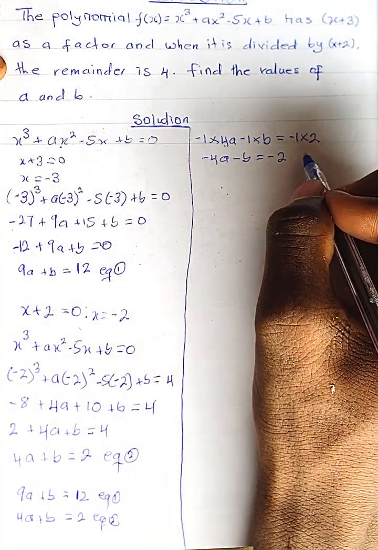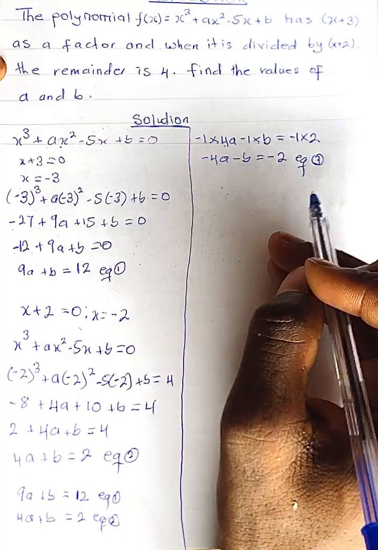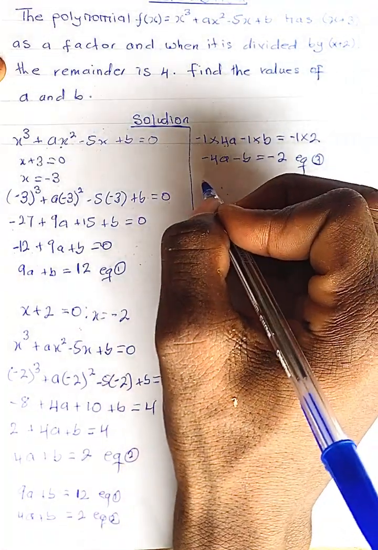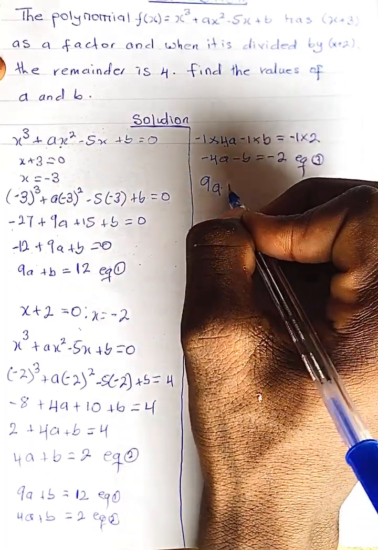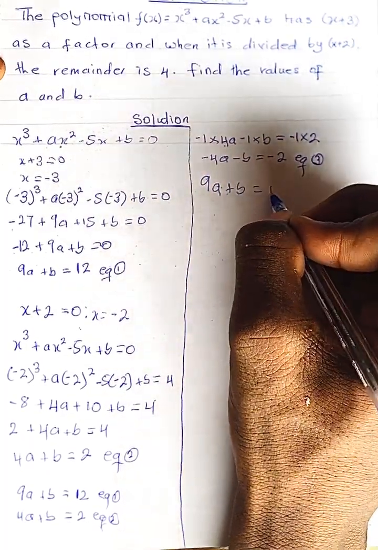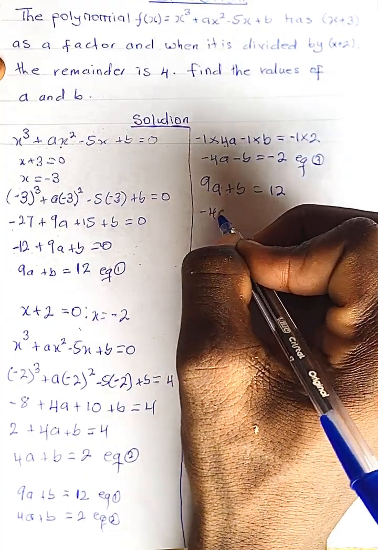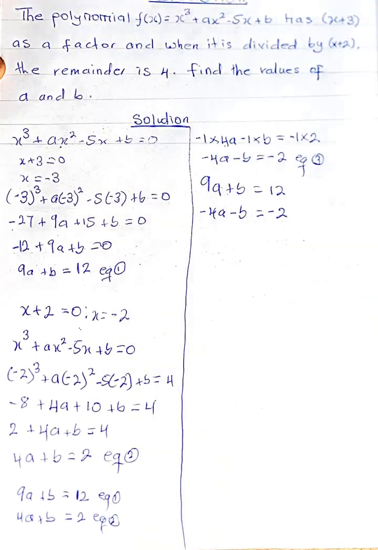This is equation 3. We are going to add this equation to equation 1. So equation 1 is 9a plus b is equal to 12. Then you have negative 4a minus b is equal to negative 2.